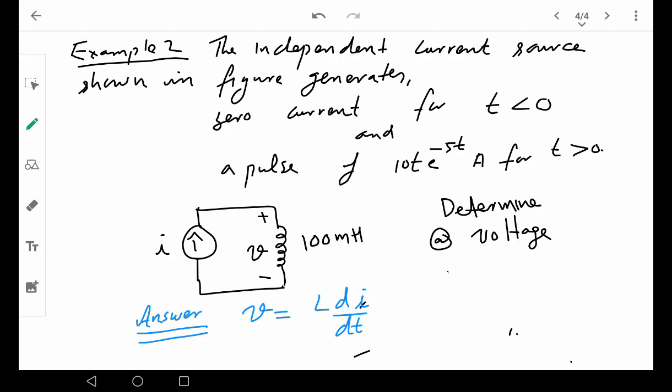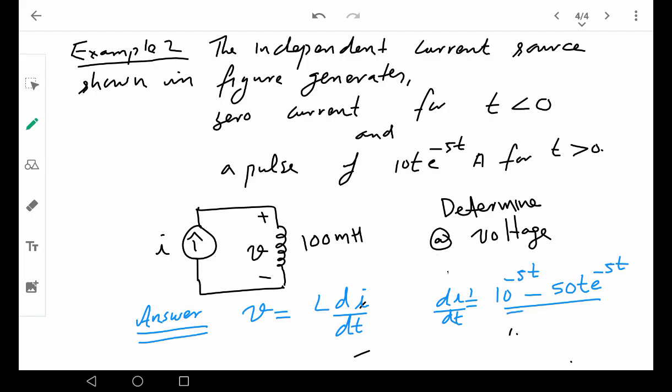It will be di by dt equal to, first differentiating t, you get 10 e raised to minus 5t, right? Then differentiating the other part, minus 50 t e raised to minus 5t, right?